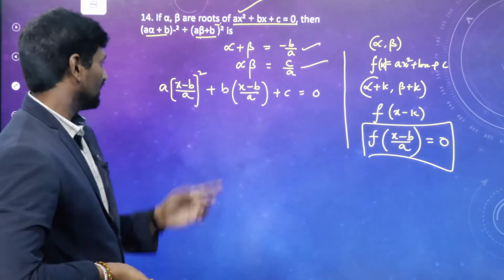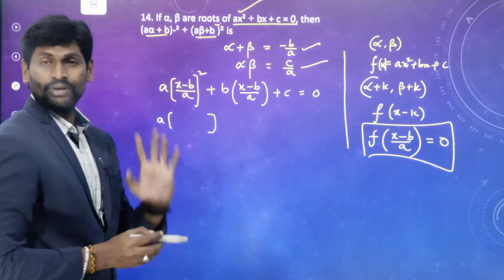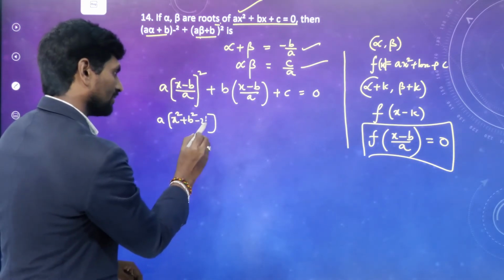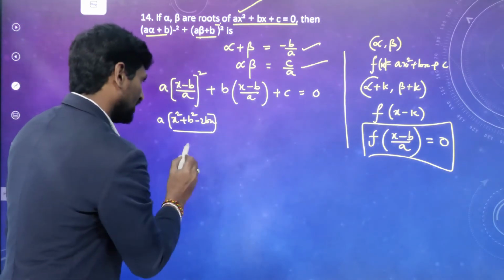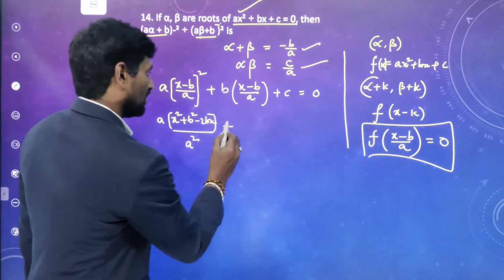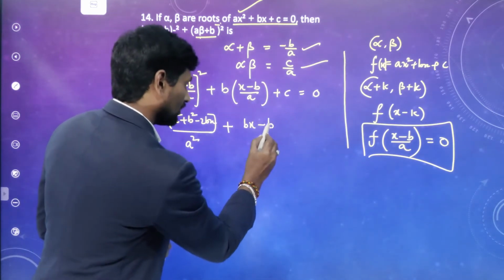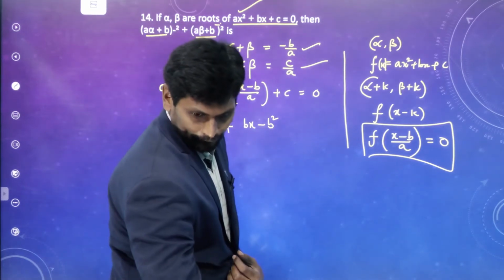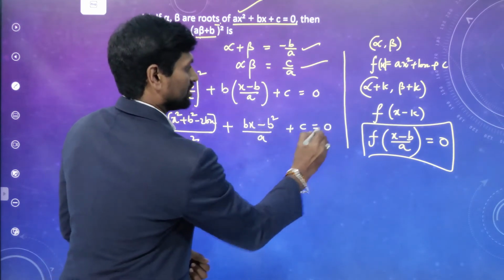Simplify this. The numerator is in the form of (a minus b) whole square, that is a square plus b square minus 2ab. So x square plus b square minus 2bx. The denominator also should be squared, a becomes a square. Now here b into x is bx, minus b into b is b square, bx minus b square by a, plus c equals 0.